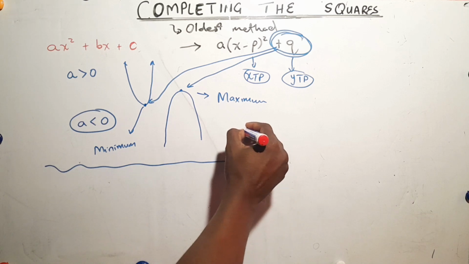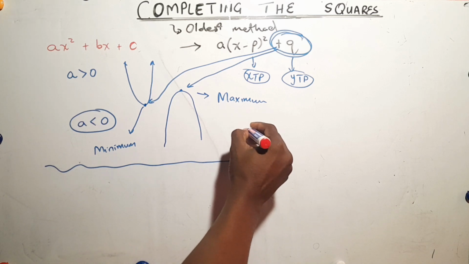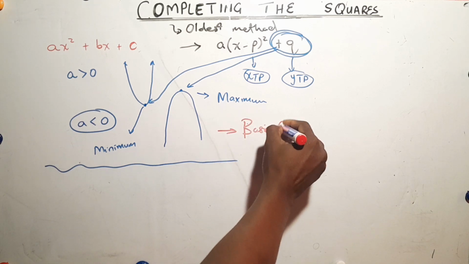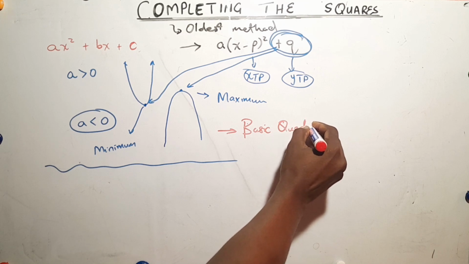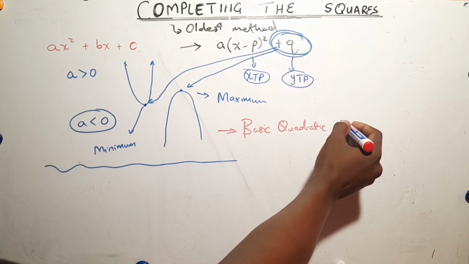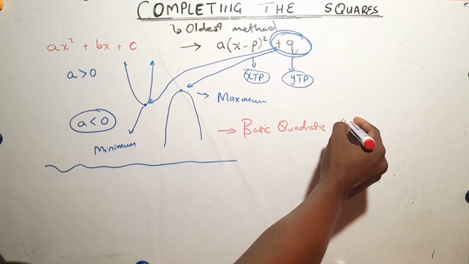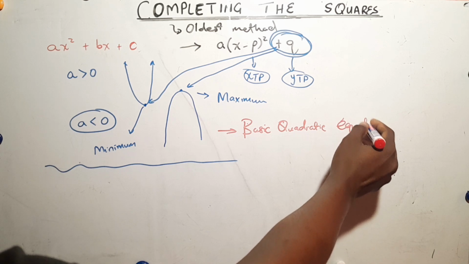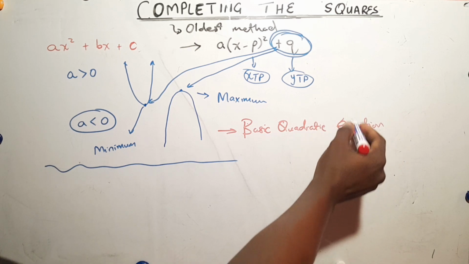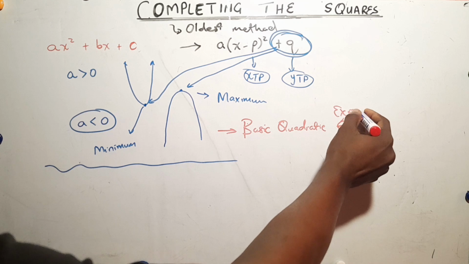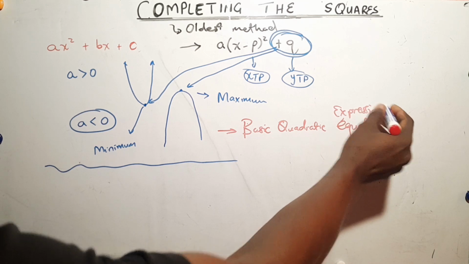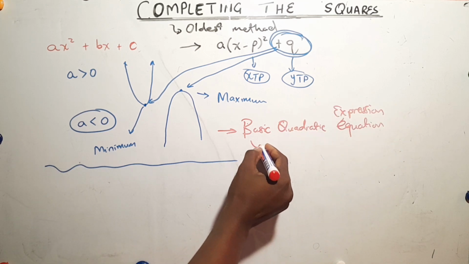So it changes the basic quadratic equation or expression into the turning point form.